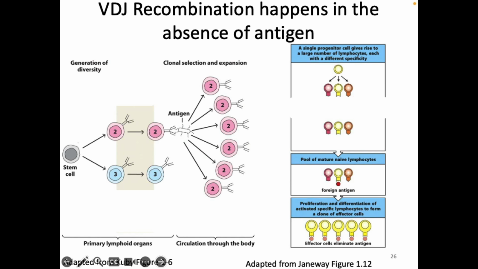And this whole process that we are seeing here, I want you to remember was in those primary lymphoid organs, where we don't have a lot of foreign antigens. And this is all happening before we let those cells go out into the real world and circulate throughout the body.